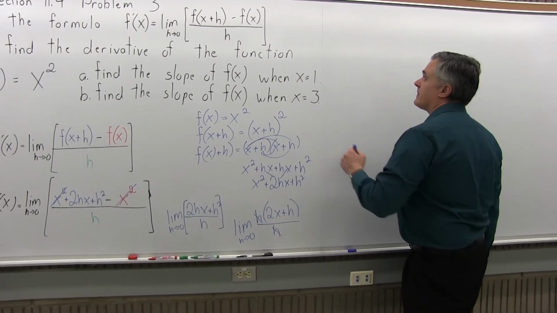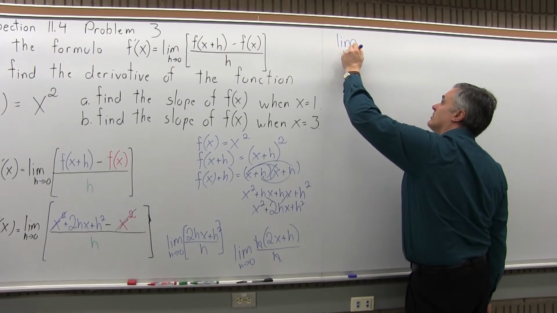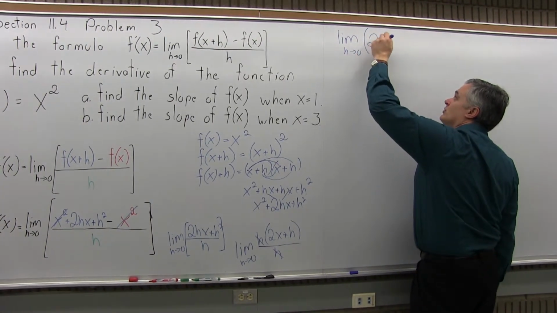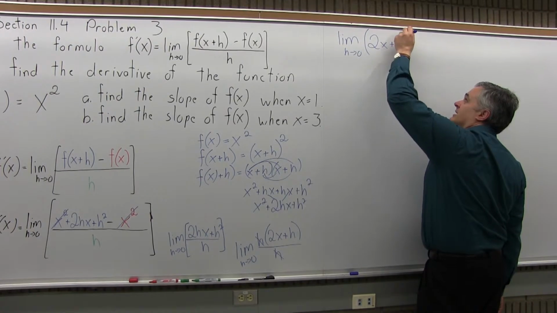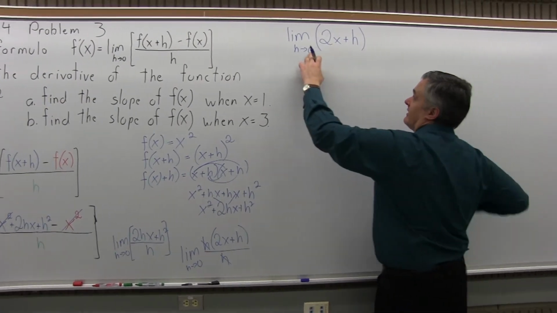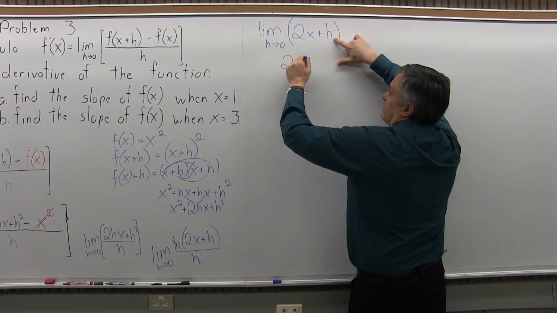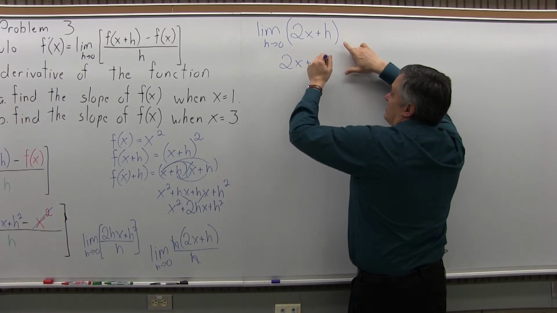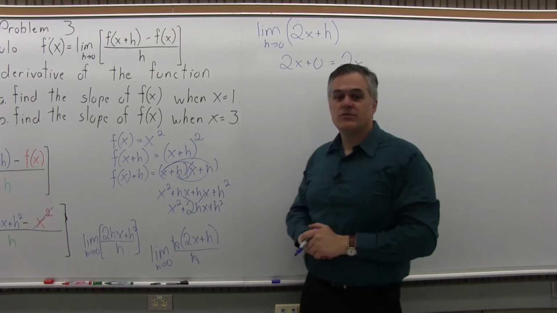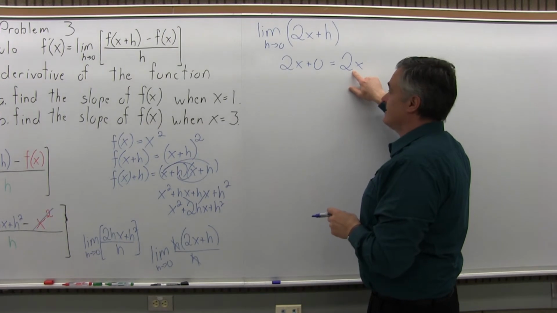So now I want to take the limit as h approaches 0 of 2x plus h. Now that I have the h gone from the denominator, I can take that limit. This h out on the end, I can let it run down to 0, and I get 2x plus 0, or just 2x. So the answer for the derivative, or f prime, is 2x.